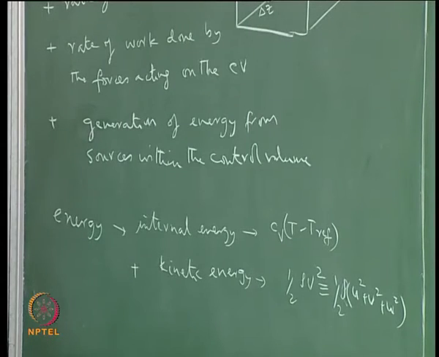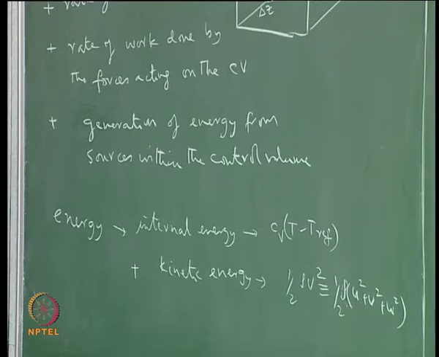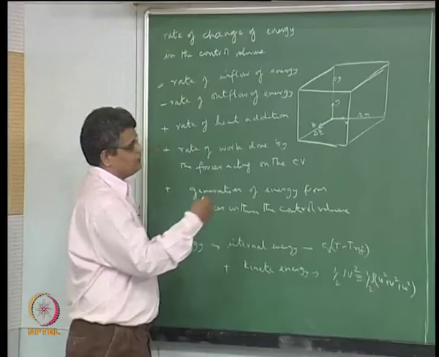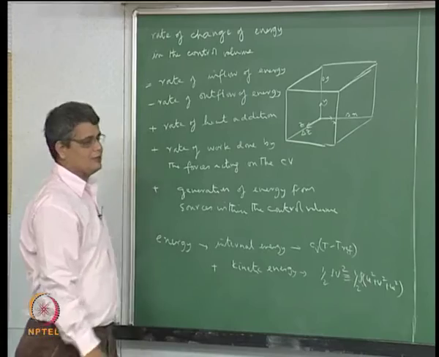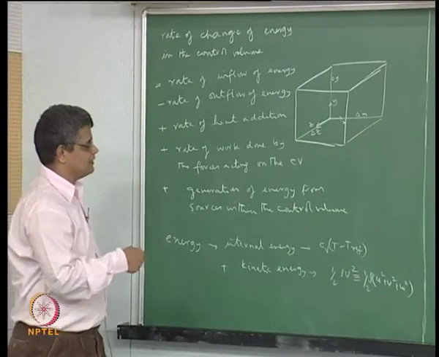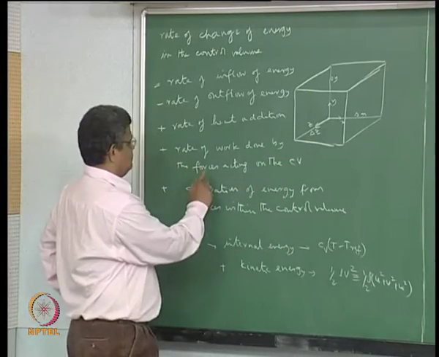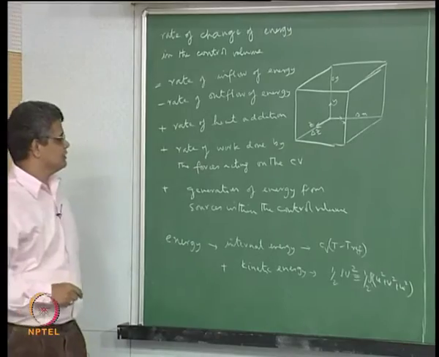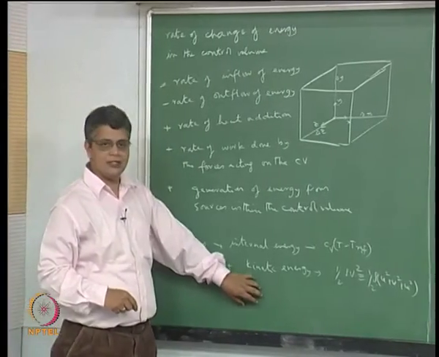So, we have potential energy also that is considered as a form of energy, but we will see that when we consider gravitational force as an external force acting on this, then the gravitational potential energy will come in through the rate of work done by the forces acting on the control volume, so that we do not have to include that in this.